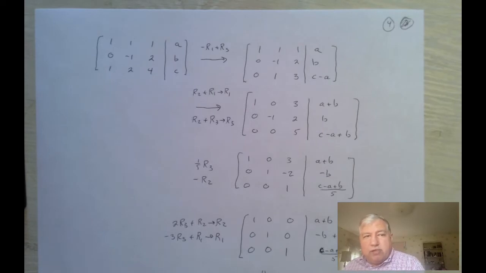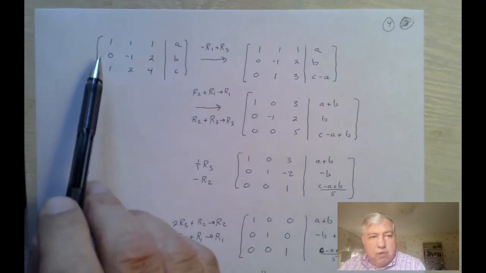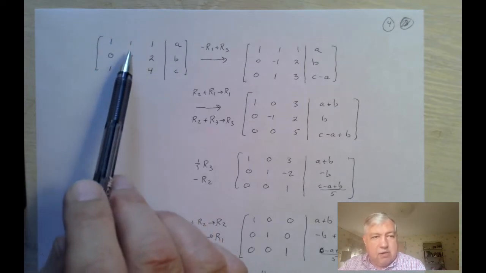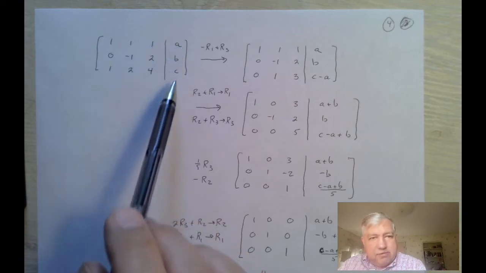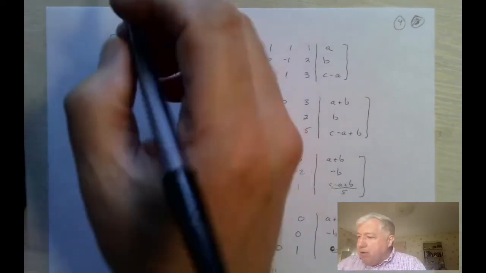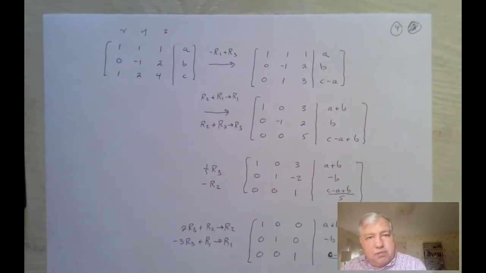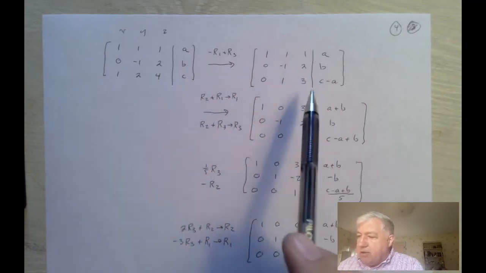Really, we just wanted to find three numbers x, y, and z such that x times this vector plus y times this vector plus z times this vector is equal to the vector (a, b, c). So basically, we want to solve this system of linear equations, and we do that by Gaussian elimination.